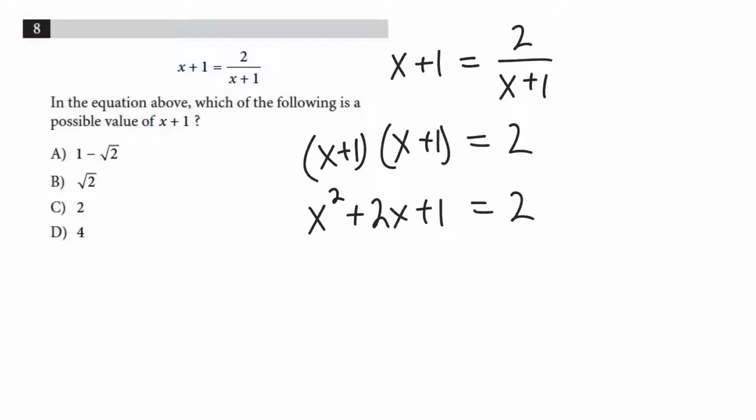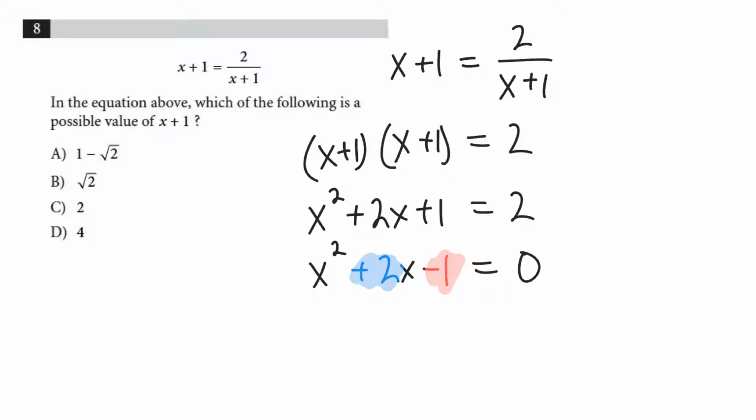And this is a quadratic. To solve a quadratic, I need to set it equal to 0. So x squared plus 2x minus 1 equals 0. I see that a is 1, but there are not any two numbers that multiply to negative 1 and add to 2. So I'm going to have to use the quadratic formula.